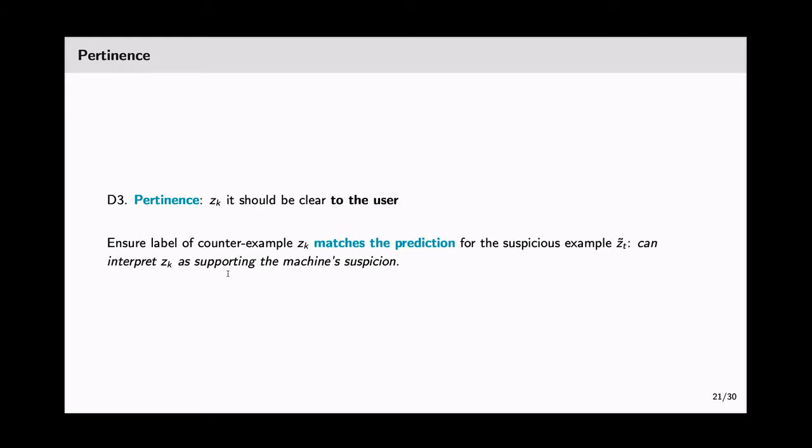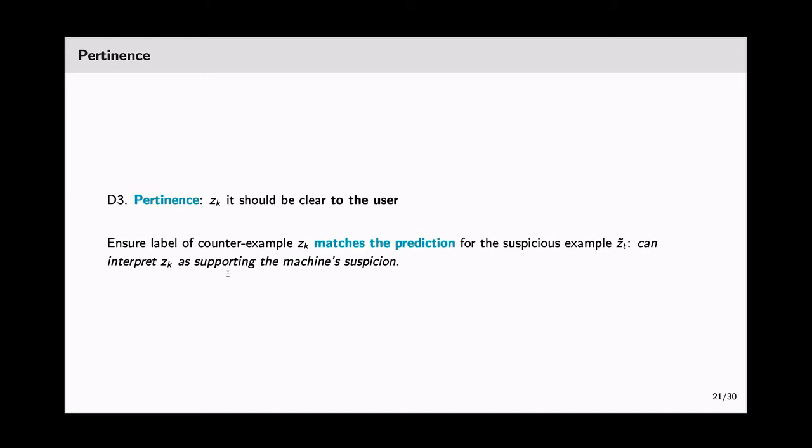Okay, so far we have seen how we can select counterexamples that are contrastive and influential. What about the third requirement, which was pertinence?